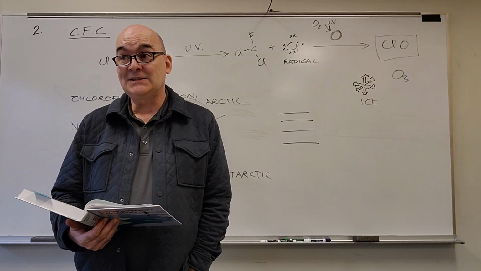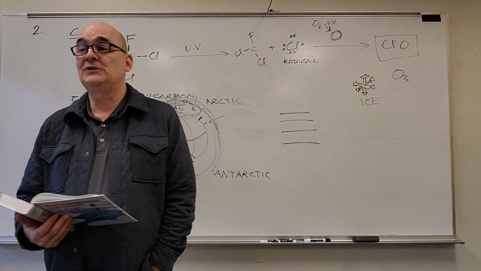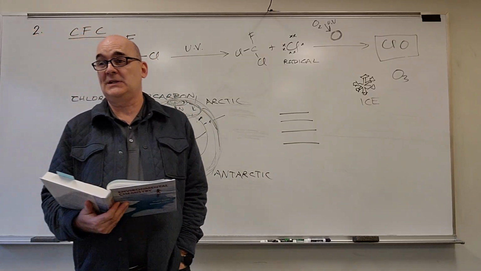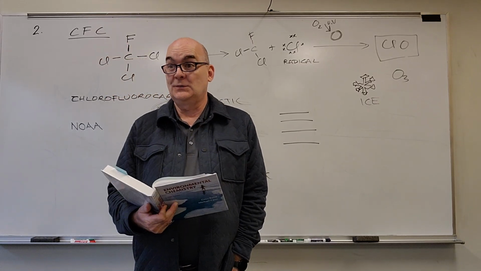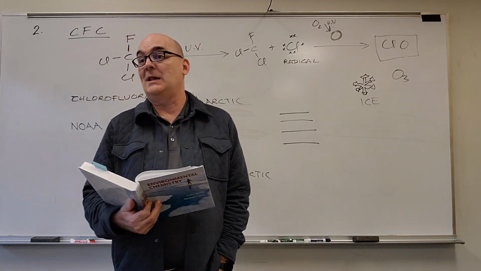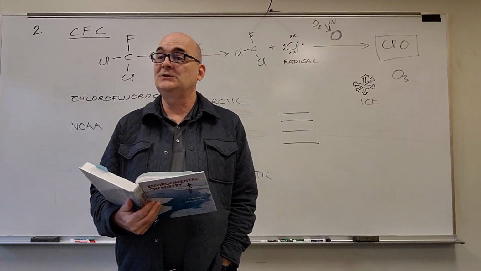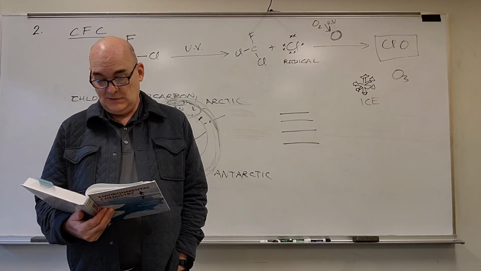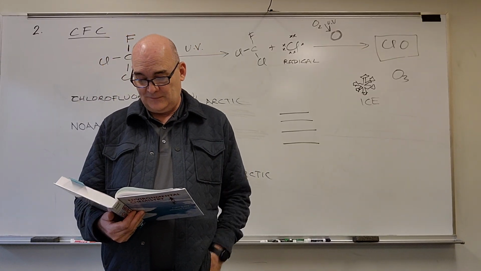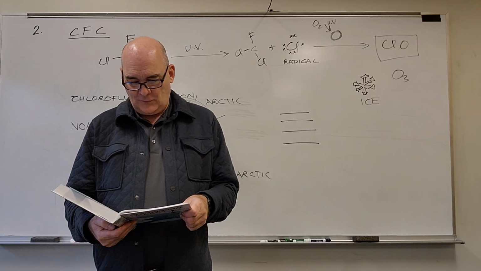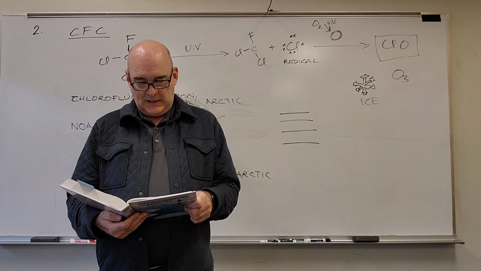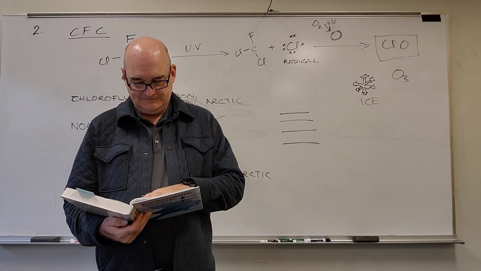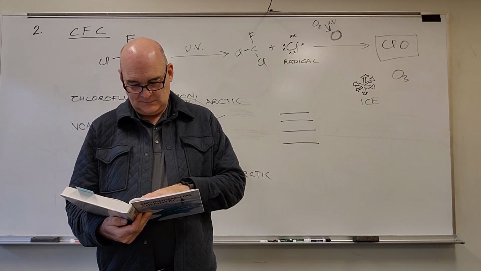No. For gases, standard temperatures and pressures are 1 atmosphere and 0 degrees Celsius. For solutions, we can't do solutions at 0 degrees Celsius, so we do them at room temperature, which is 298 Kelvin. 0 degrees Celsius is 273 Kelvin. So on average, the overhead ozone is about 350 Dobson units.